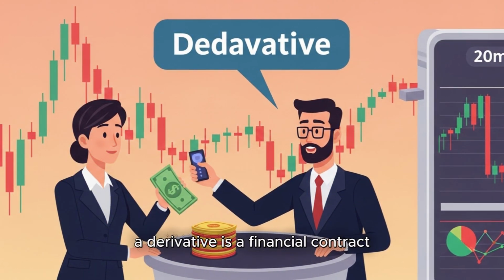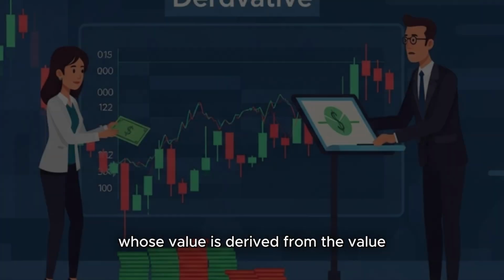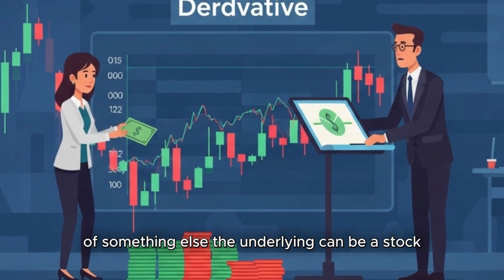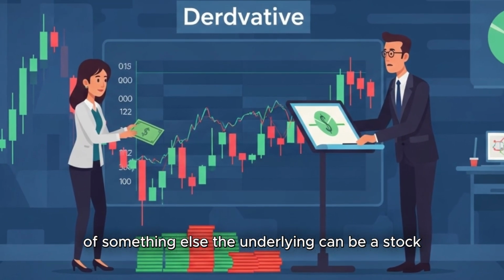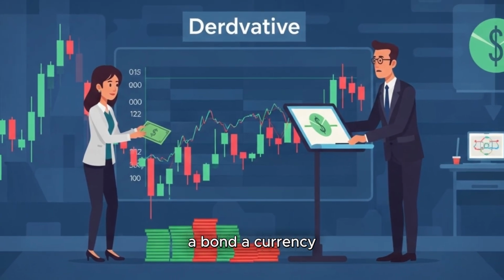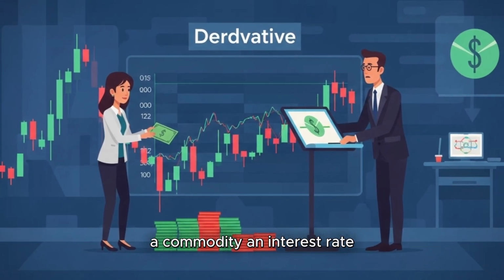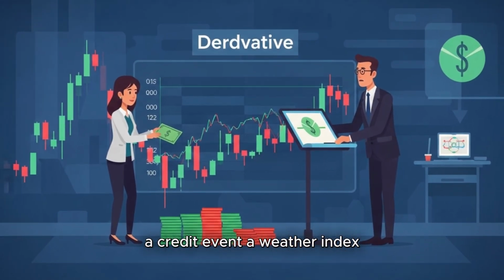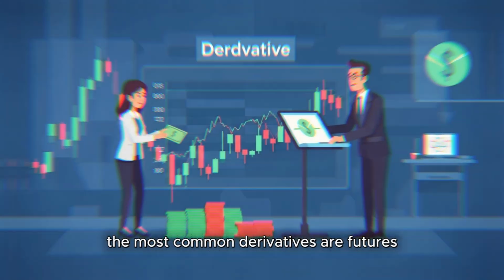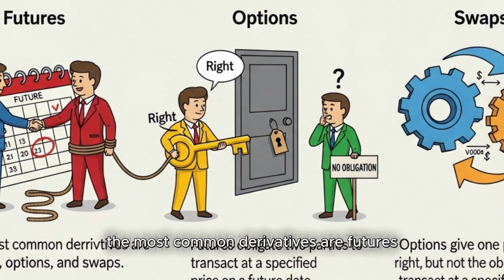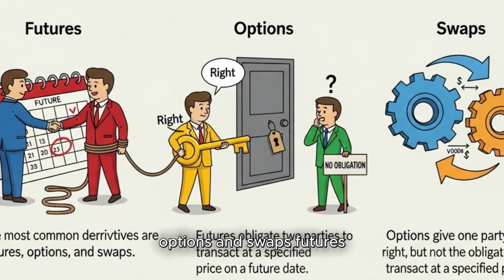A derivative is a financial contract whose value is derived from the value of something else. The underlying can be a stock, a bond, a currency, a commodity, an interest rate, a credit event, a weather index, or another derivative. The most common derivatives are futures, options, and swaps.